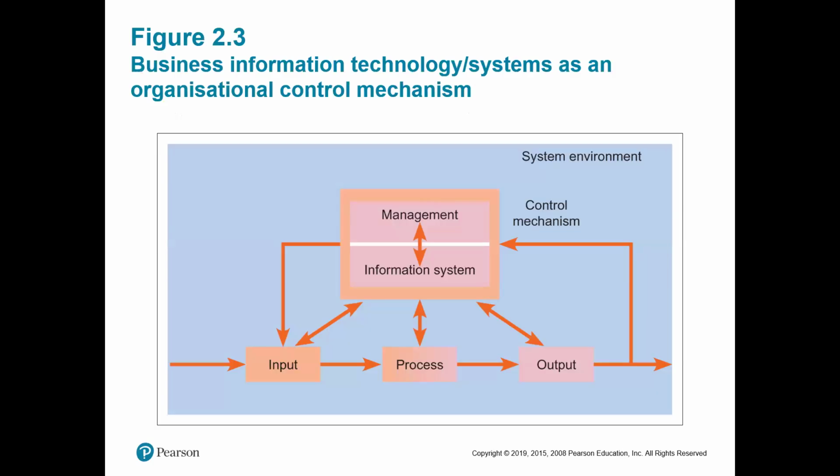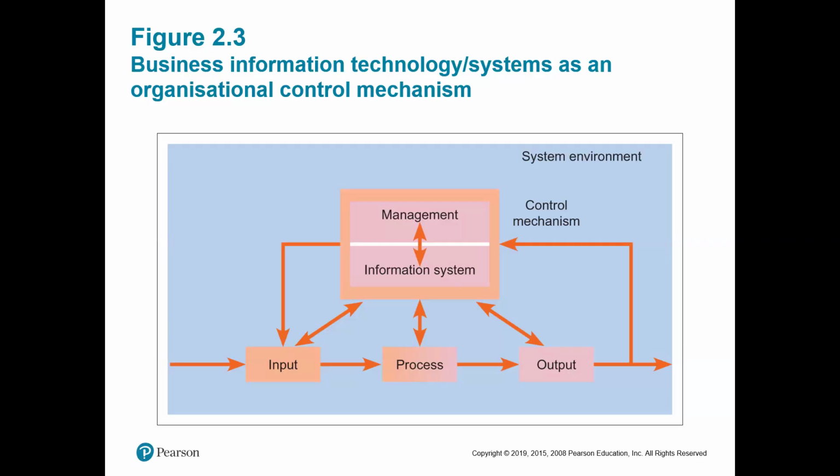All right, so this is a typical example of what? A system, and then the use of information system, because the use of information system helps management to make an informed decision, so they can improve on what? The system.